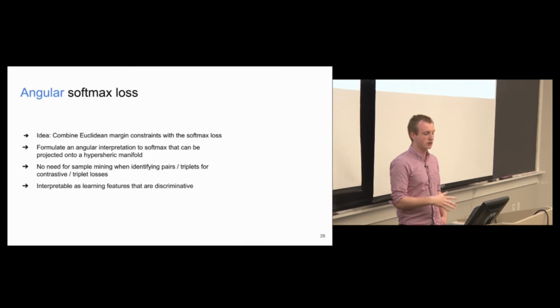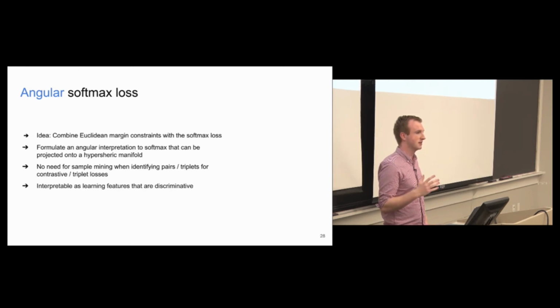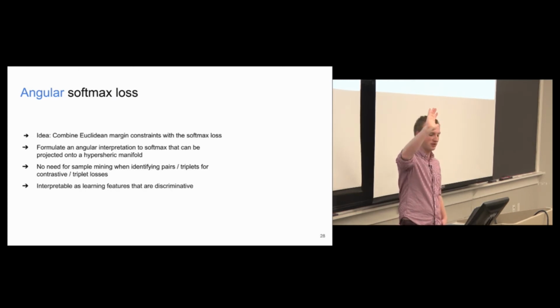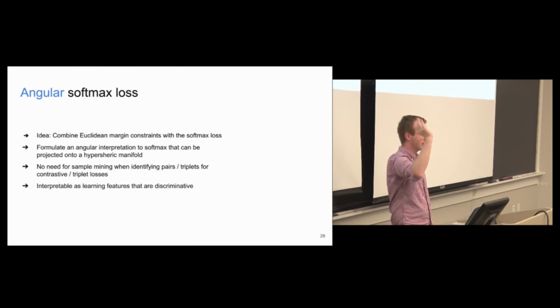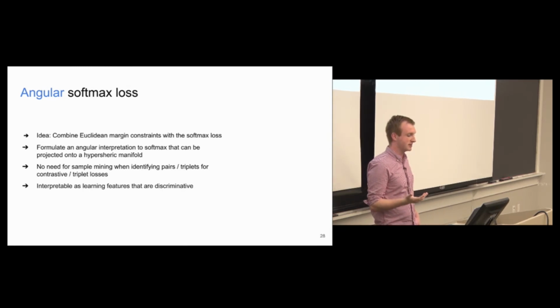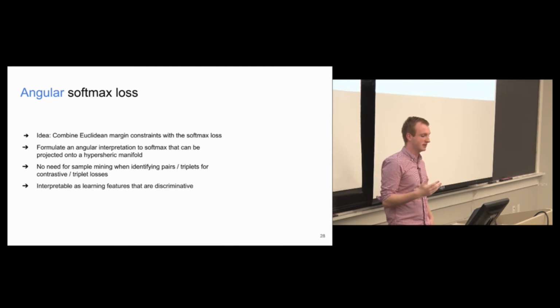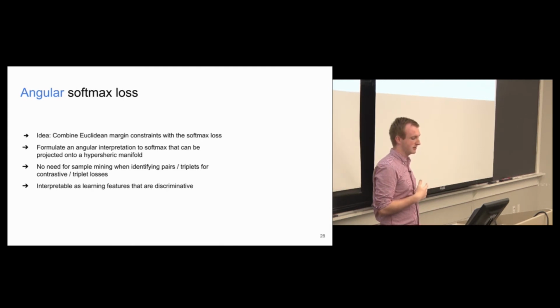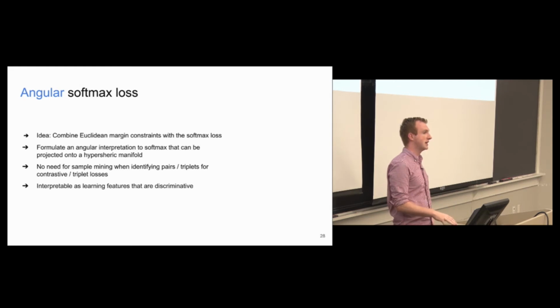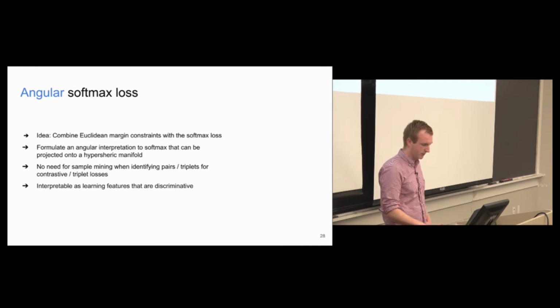What we're going to do here is formulate an angular interpretation of softmax and project it onto a hypersphere, and we can use some really interesting geometric reasoning. With this, there's no need for sample mining, and the learned features in a special case are very interpretable, and you can obviously see that they're discriminative.